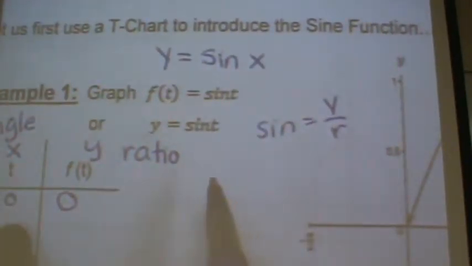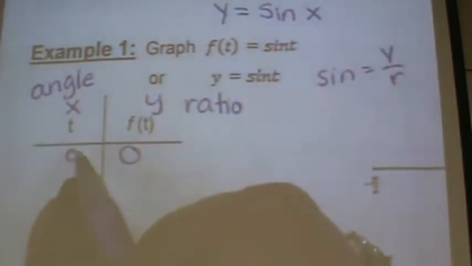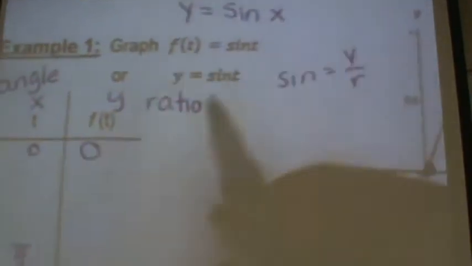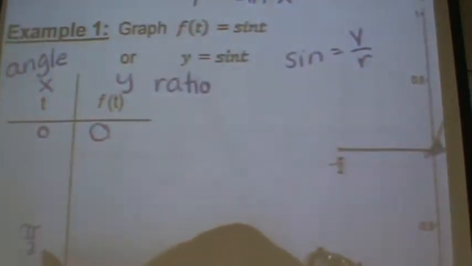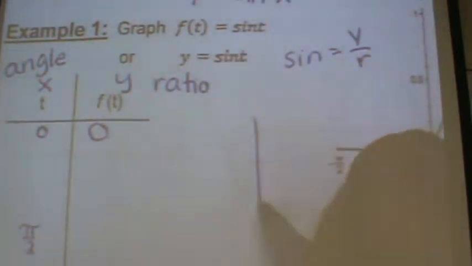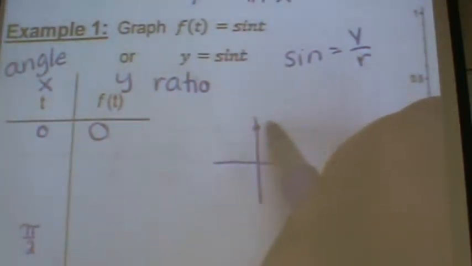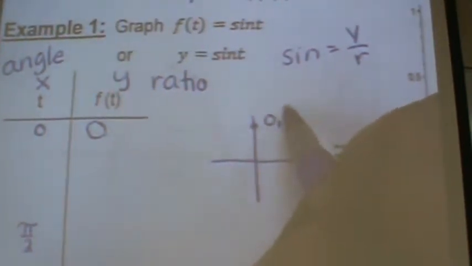Remember we said the x-axis is going to be the angles. So 0, pi over 2, pi, 3 pi over 2, and 2 pi. So here's 0, 0. And then the y value is your ratios. So 0 is 0. Now what about pi over 2? Here's pi over 2 right here, and this ordered pair is 0, 1.